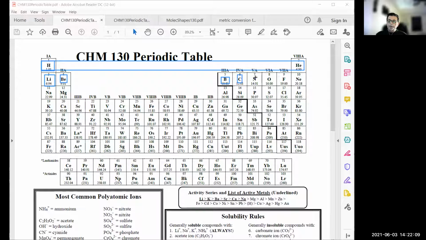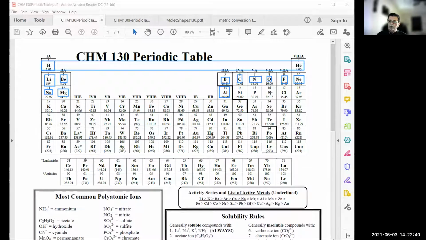C for carbon. N for nitrogen. O for oxygen. F for fluorine. And Ne for neon. And then we go back to the far left. We get Na, which is sodium, and Mg, which is magnesium. And then we go Al across to this particular group.